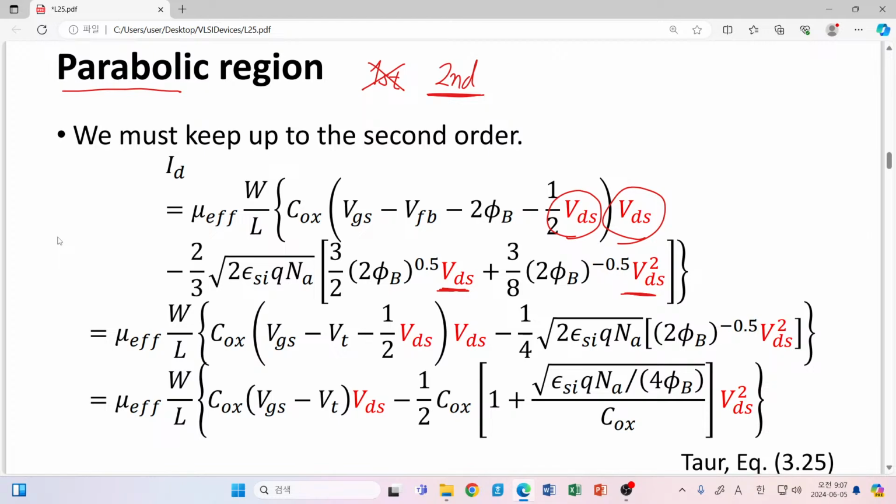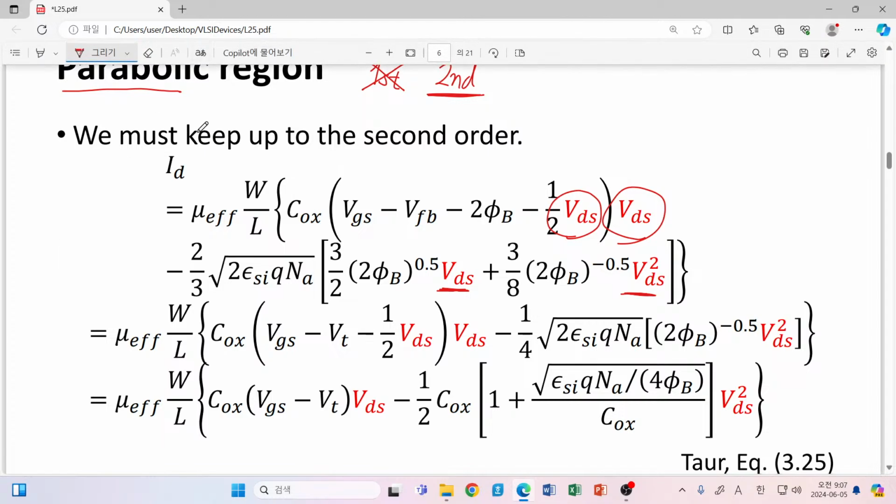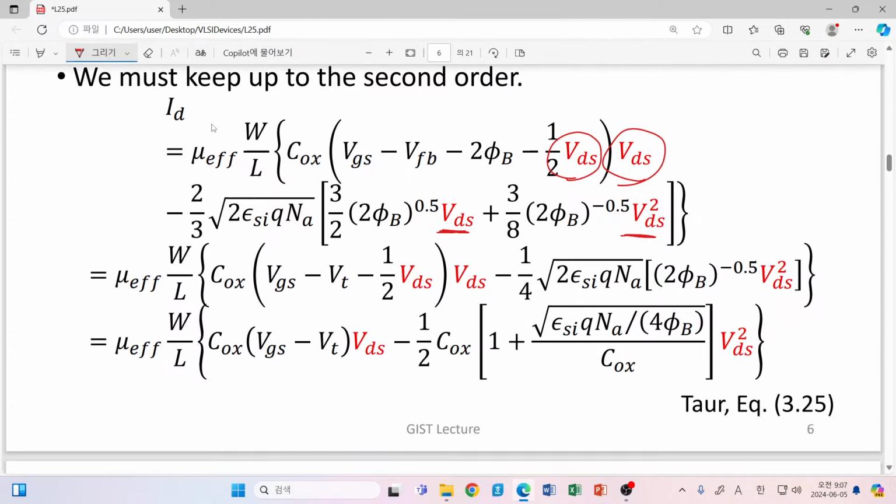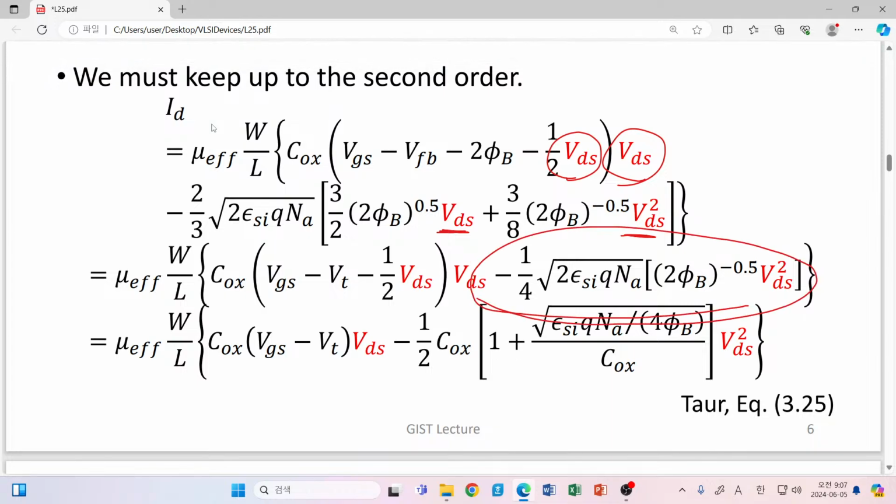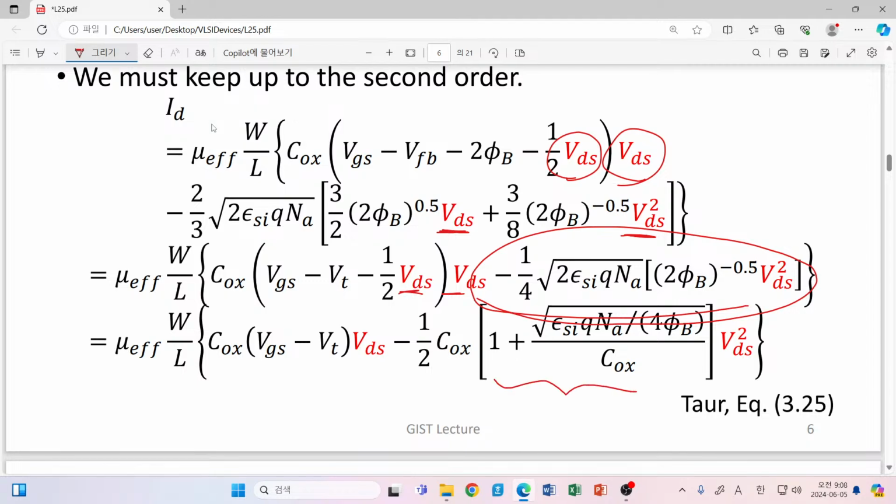So when you have a look at it, compared with the previous one, now we have a newly added component, and this newly added component, of course, together with this second order term, will give you this kind of coefficient. So please have a look at this one.